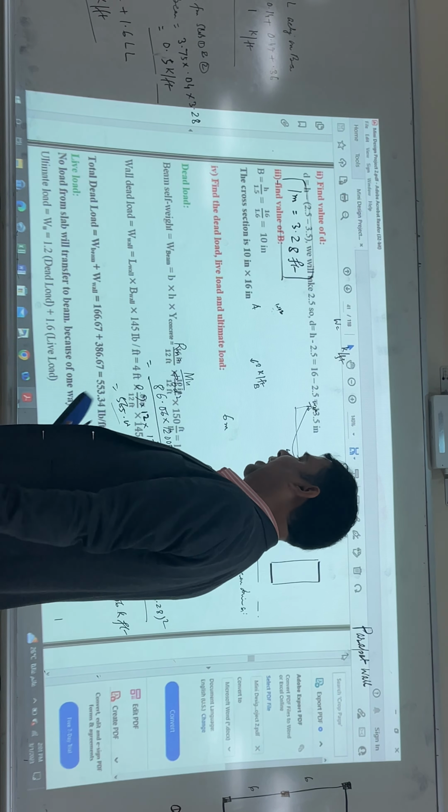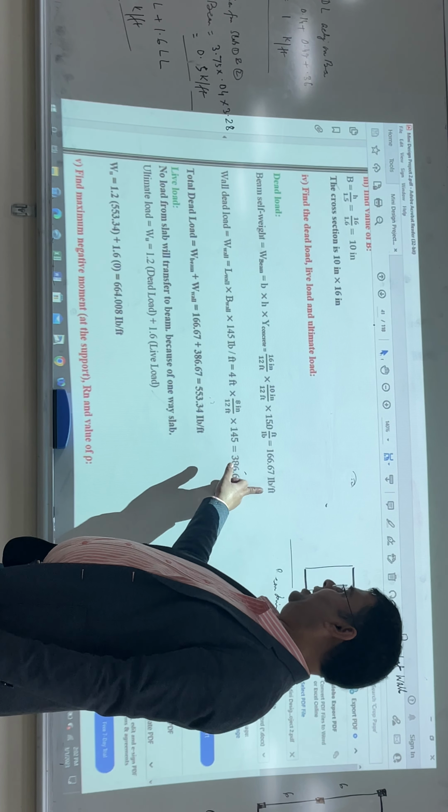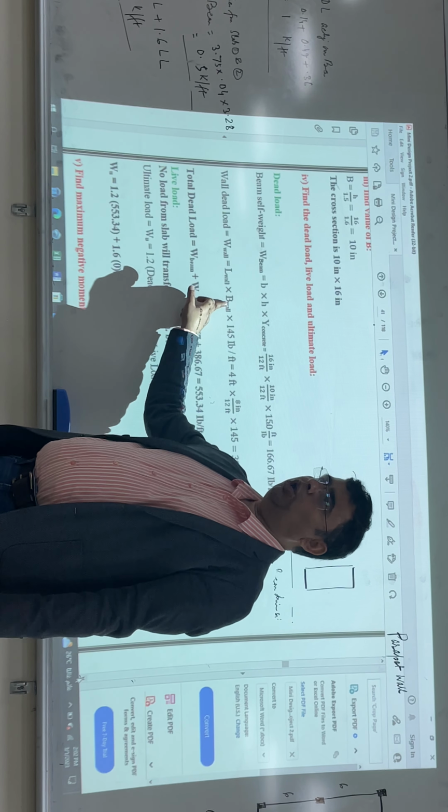Instead of 10, 11, he went to 10, and the b he has taken 10 by 16 inch. After that, he calculated the beam self weight, then he calculated the wall load.